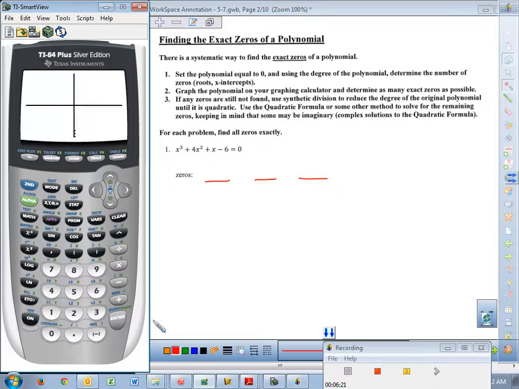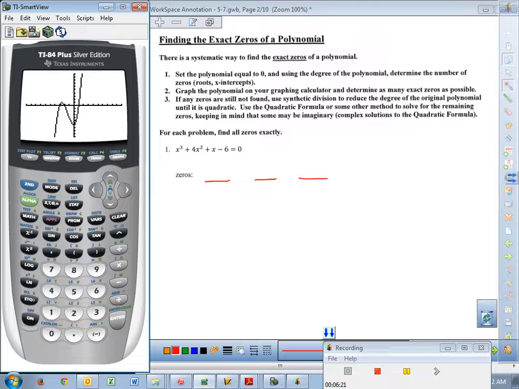It's a third degree. There's supposed to be 3 zeros. The question is, how many do you see? There are 3. That means that all of them are real, right? We can see all 3 of them. If you didn't see 3 of them, then that meant there'd be some imaginary roots also. But I can tell you already, because this is third degree, it's going to have at maximum 3 zeros, and there they all are.